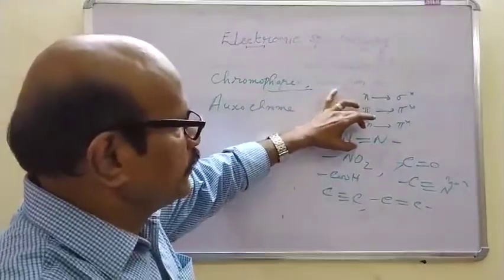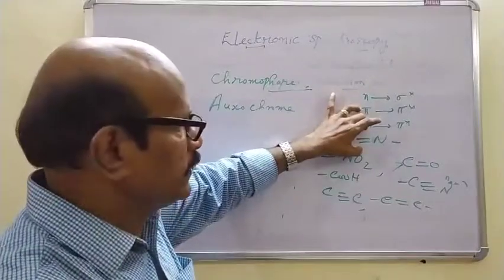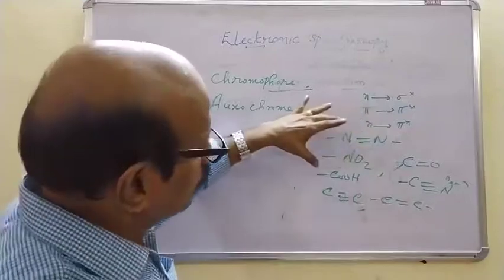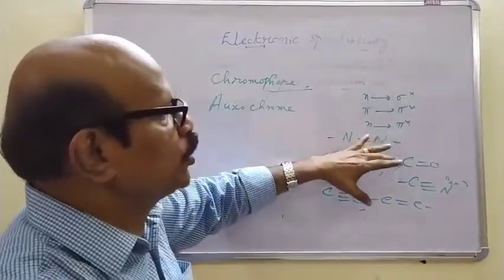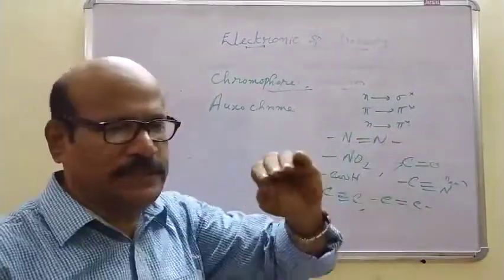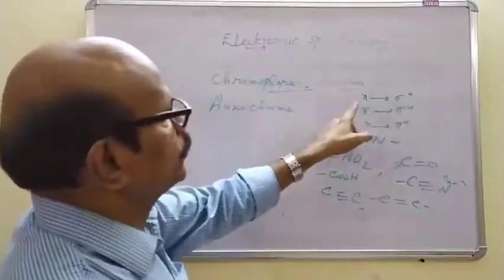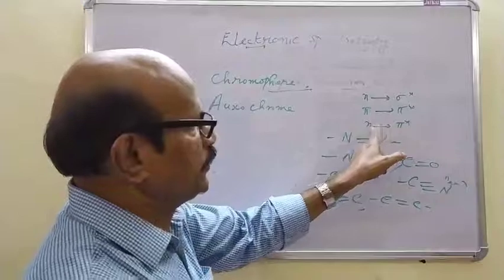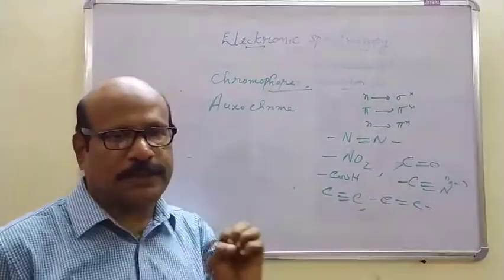This is already known: azo groups have strong color, and the nitro group has yellow color. So all these groups have characteristic coloration. They can absorb light at a particular frequency due to n to sigma star, pi to pi star, and n to pi star transitions.